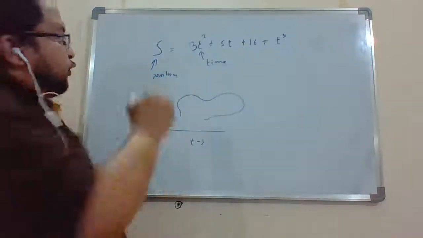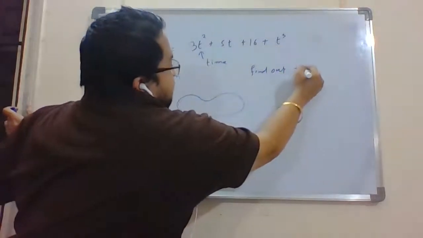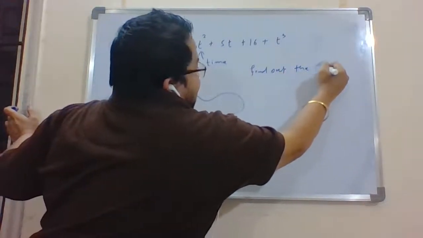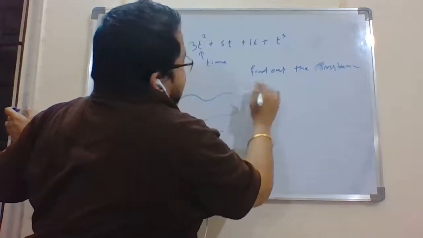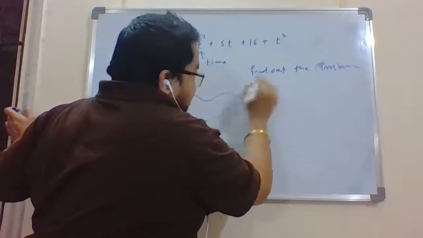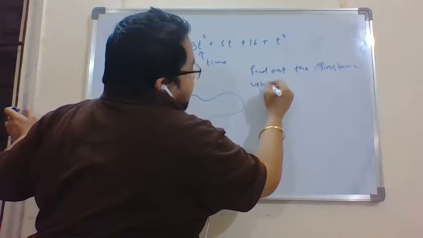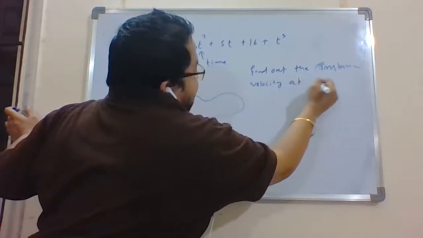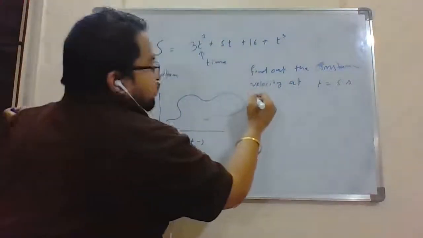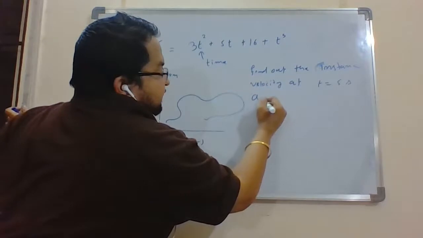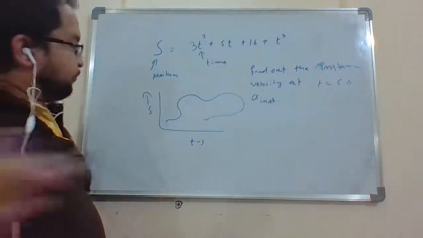So somebody tells you to find out the magnitude of instantaneous velocity at t equals 5 seconds, and also tells you to find out instantaneous acceleration. Okay, so let us see how we would solve this thing.